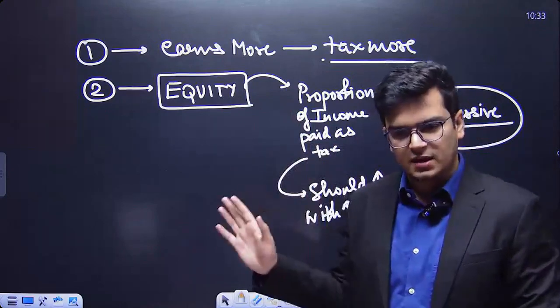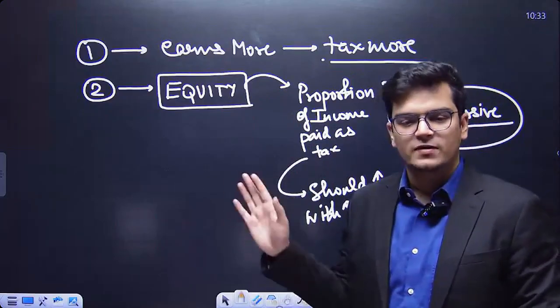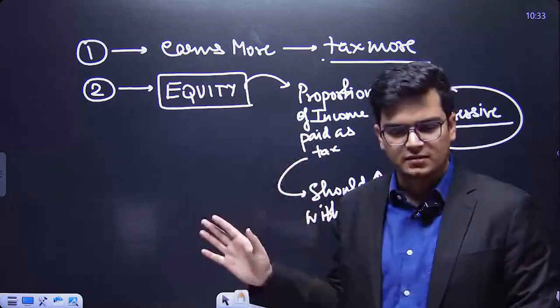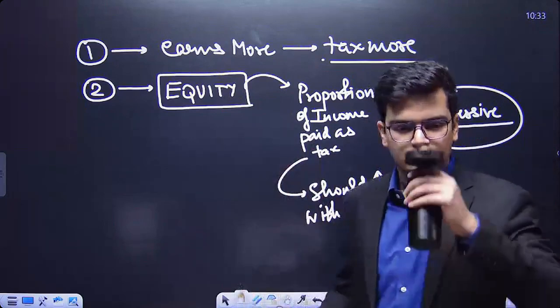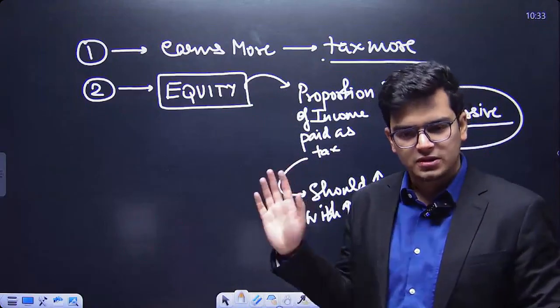Correct? समझ आई ये बात? पहले प्रोग्रेसिव, रिग्रेसिव, प्रोपोर्शनल ये हम वैसे पहले पढ़ चुके थे, बट इज दिस क्लियर नाउ? इज दिस डिस्टिंक्शन क्लियर? इज दिस लॉजिक क्लियर कि यहां पर क्या बात की गई? Is this logic clear? Okay.